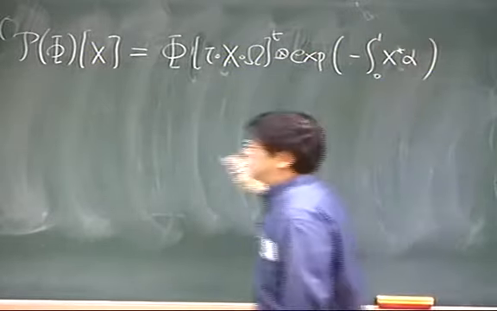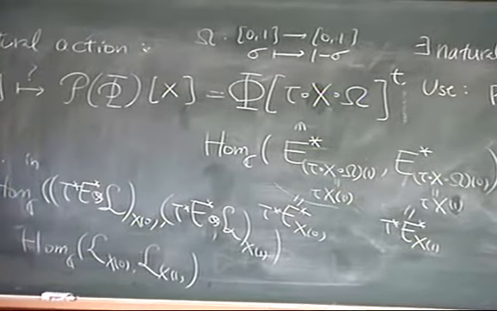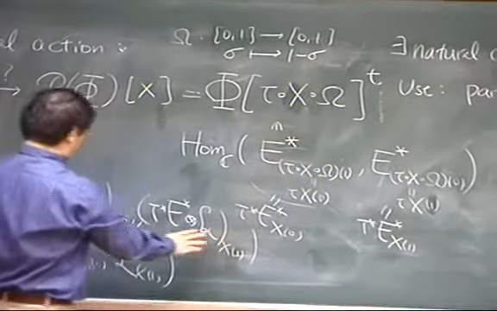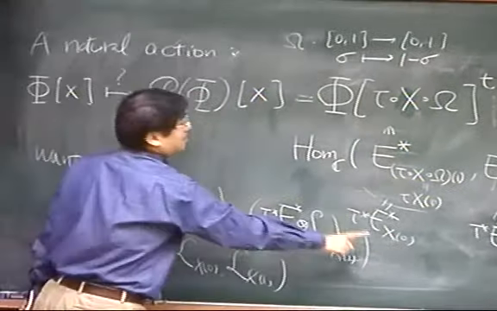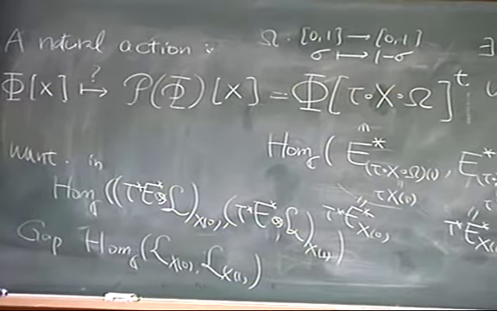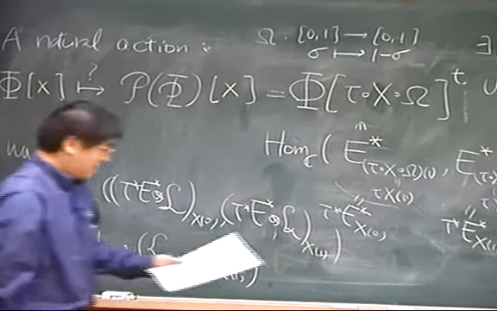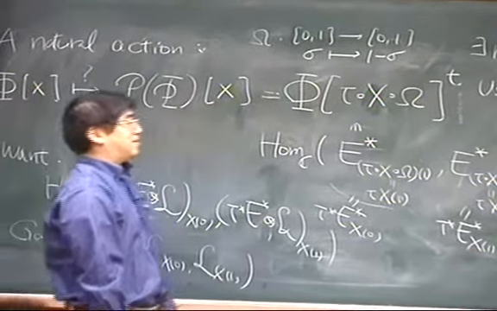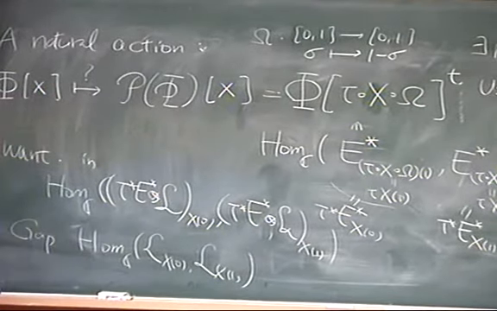That would be an element of this. So you have that the right hand side is an element of this. So you obtain what you wanted. Okay? So that's the parity transform of the open string state.